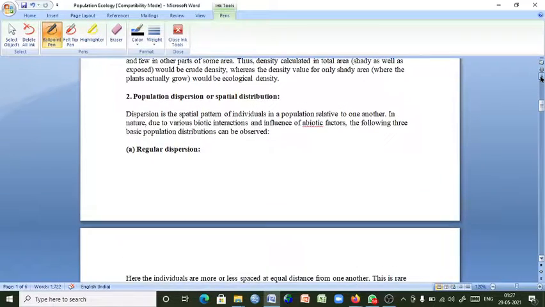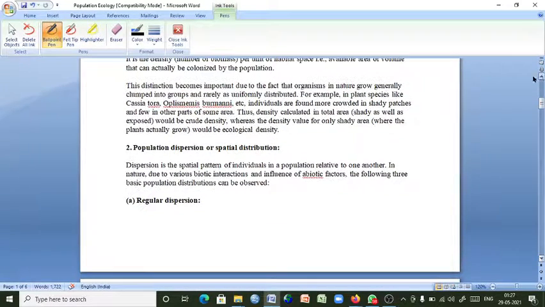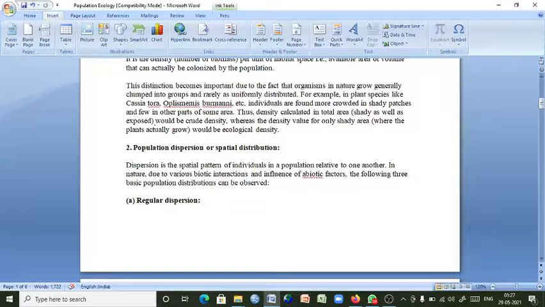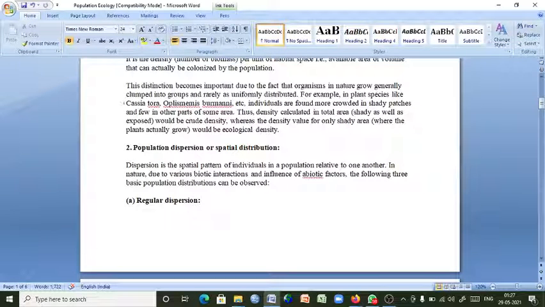Like some plants, like Cassia tora and Ophlymase brunamali. All these actually prefer some specific type of area. Like Cassia tora, usually they prefer shady areas.